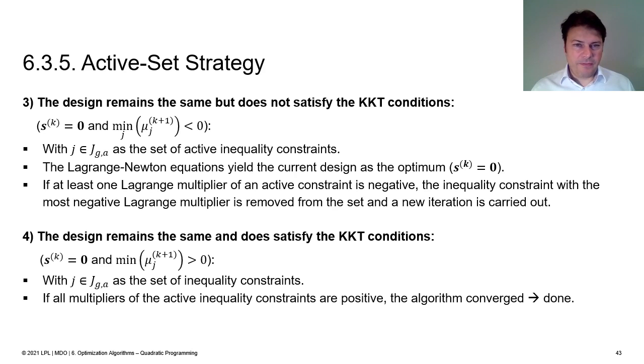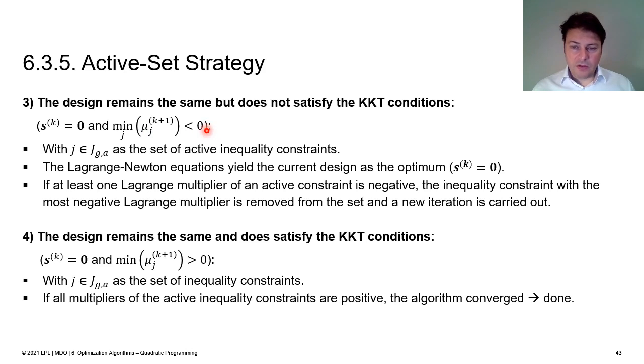Case number 3. The search direction is 0, saying that you're not making progress. So that's the first hint that you could be at an optimum. But unfortunately, the Lagrange multipliers, the smallest Lagrange multiplier is negative.